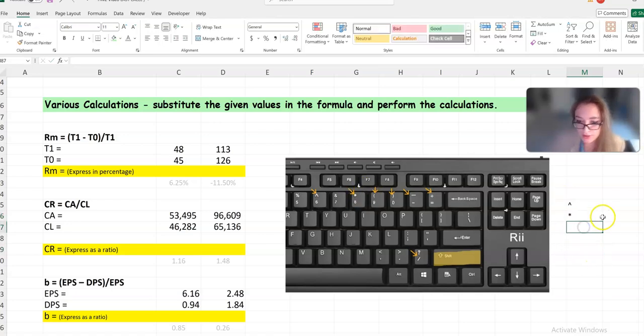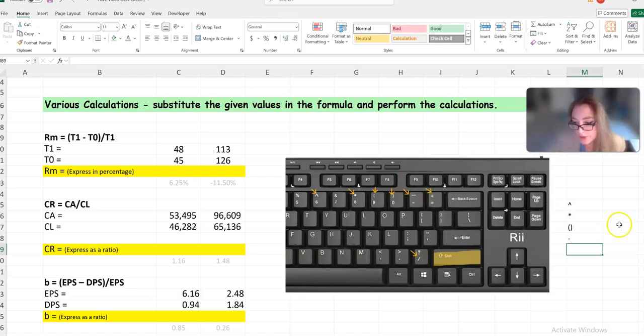That's multiplication. To open and close parentheses, we press Shift, open parentheses, which is 9, and Shift, close parentheses, which is 0. For minus, we do not need Shift. We just press minus. For Enter, just press Enter.